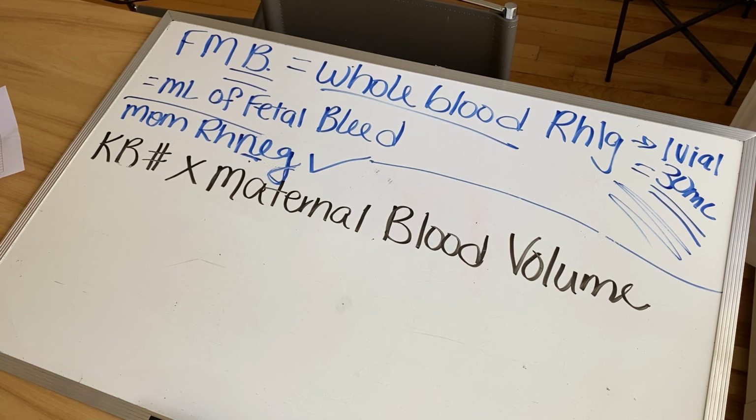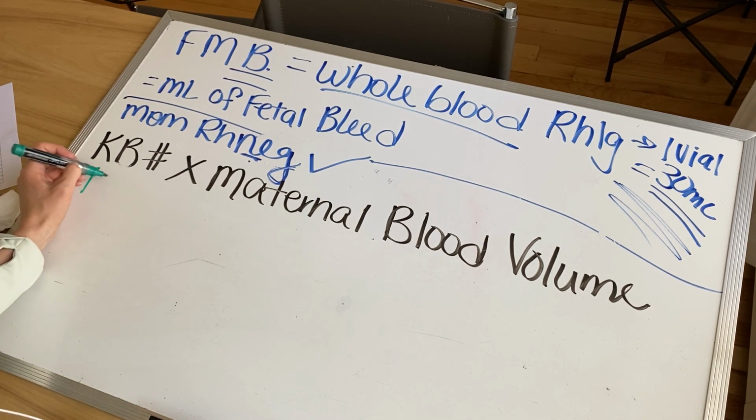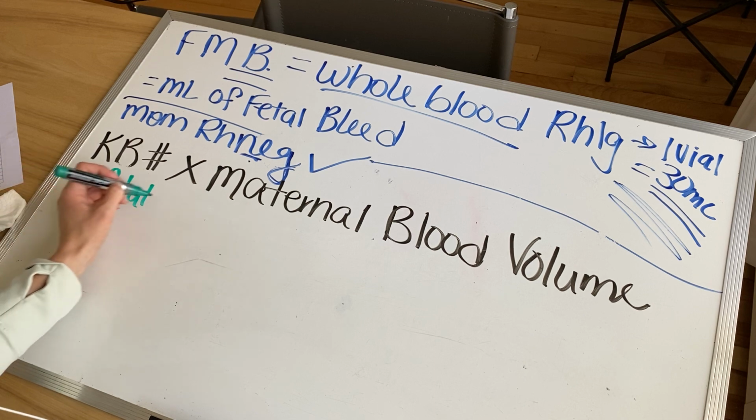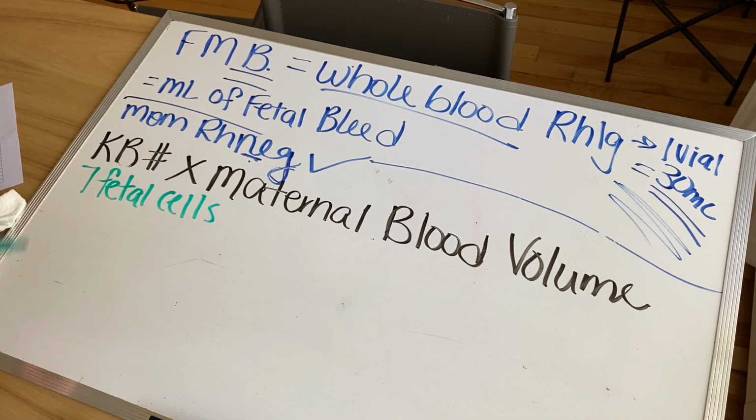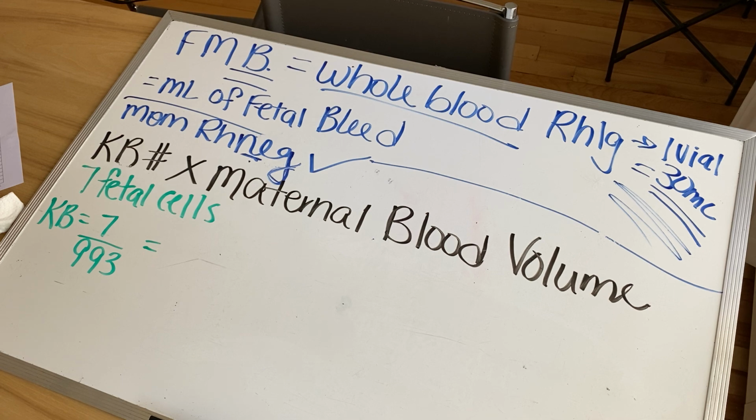So if we were to count 7 fetal cells, then our KB number would be 7 over 993, which equals, oh, I can't use my phone, 0.007 something.